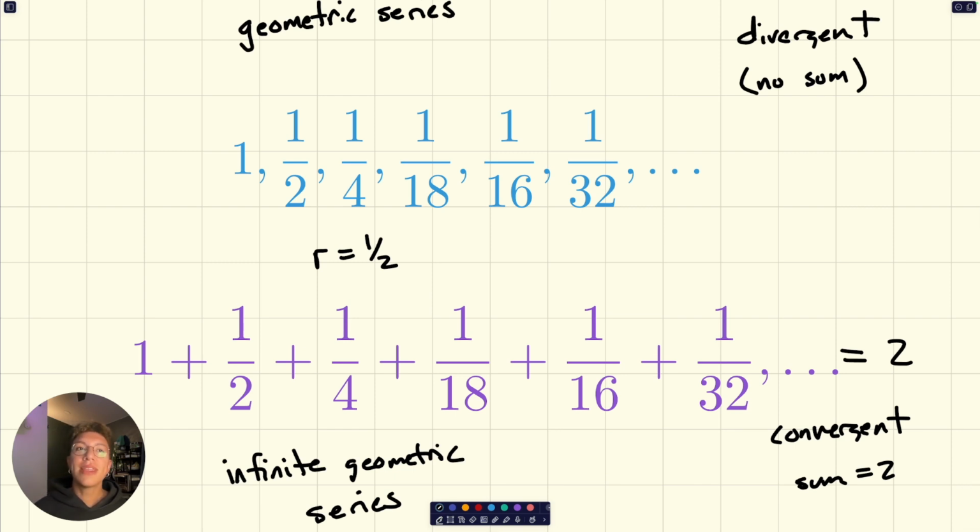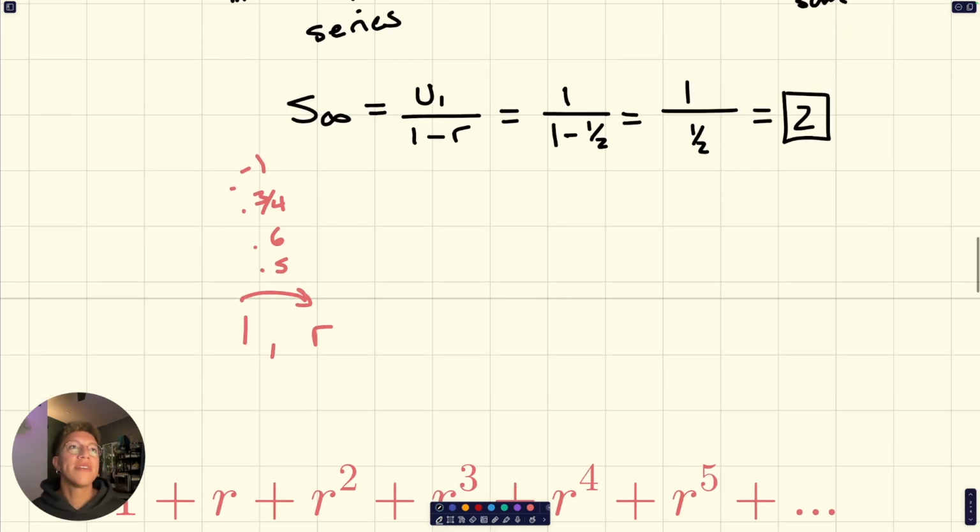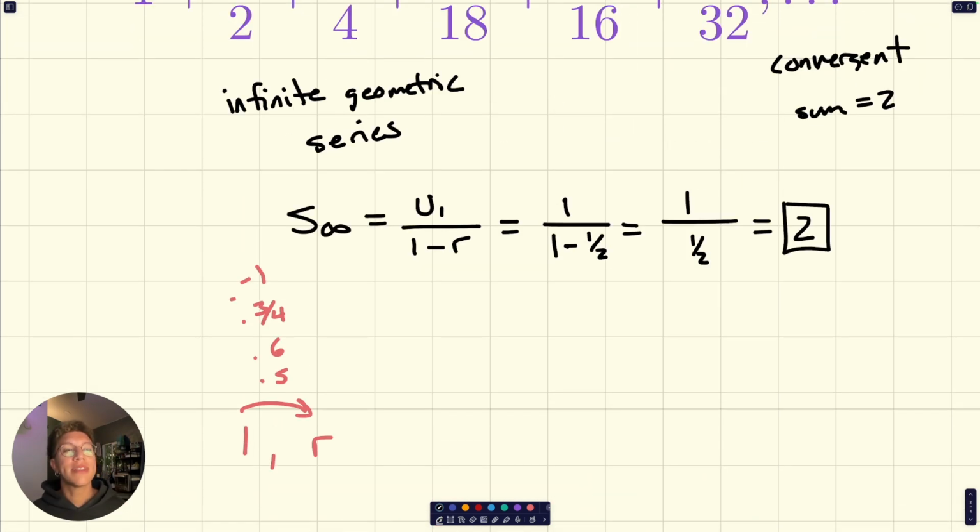And so one way that we can show that that's true is to say, well, our r has to then be a value that's a fraction. So each time we multiply from one term to the next, to ensure that the next term is smaller, we have to be multiplying by a number that's less than 1. That's kind of what we're thinking. And so if you remember from geometric sequences and series, there's this condition that this formula, the sum to infinity, only works if r is less than 1.